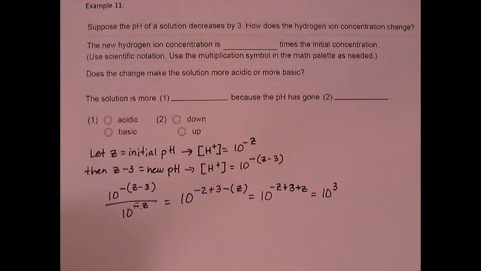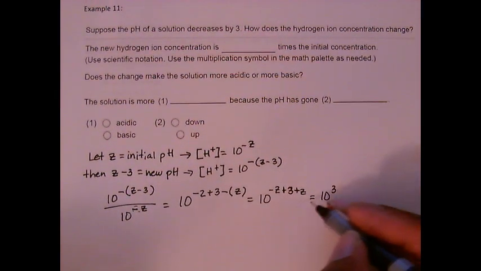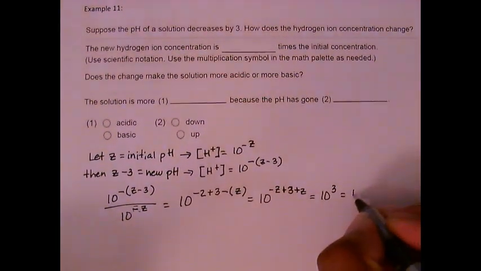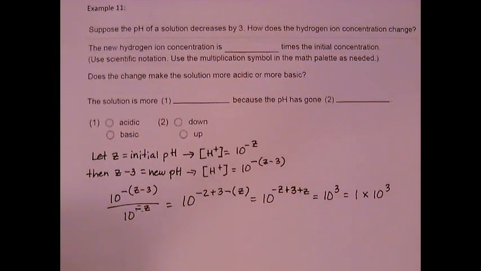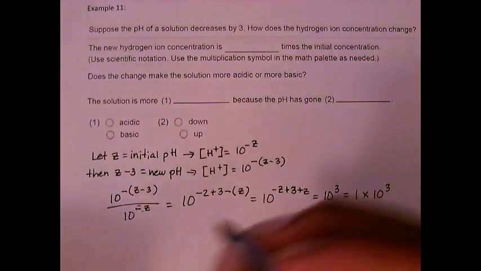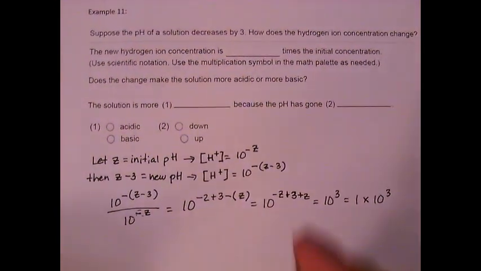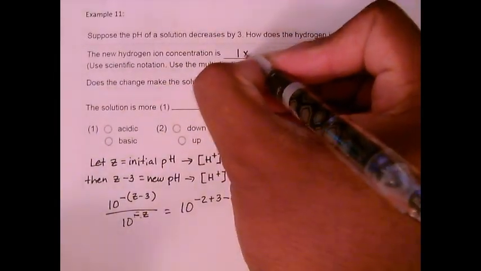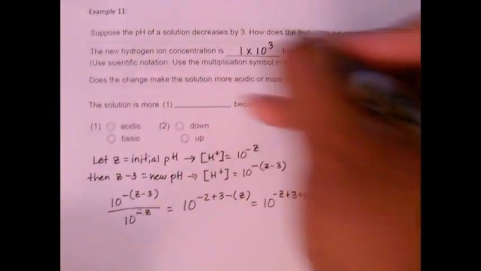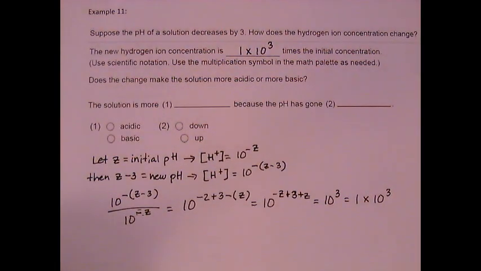They want this answer in scientific notation, so since there's no number in front, this is understood as 1 times 10 to the third. So the new hydrogen ion concentration will be 1 times 10 to the third times the initial concentration.